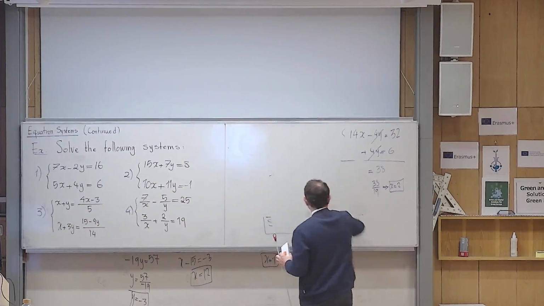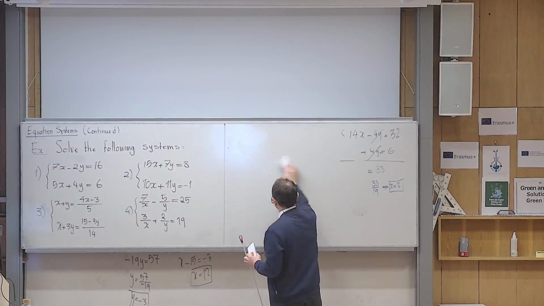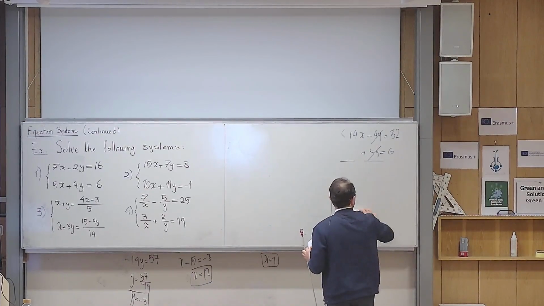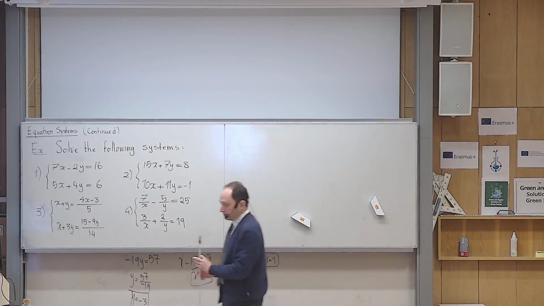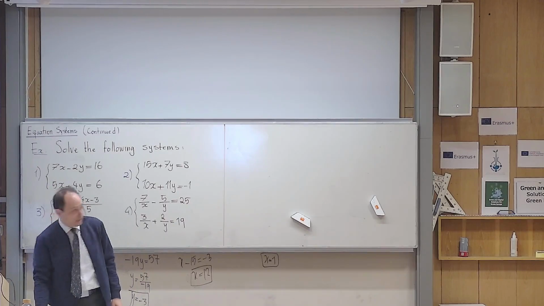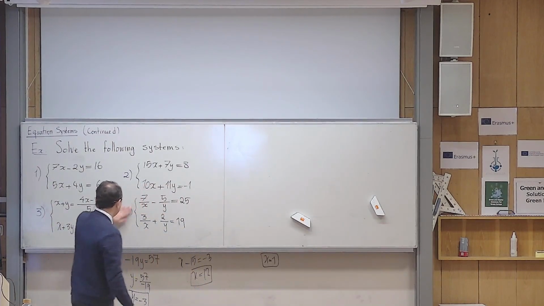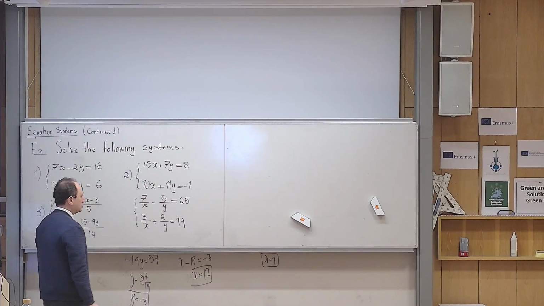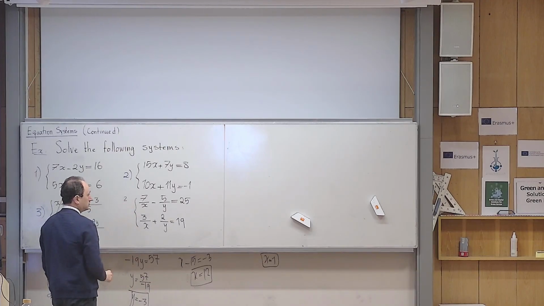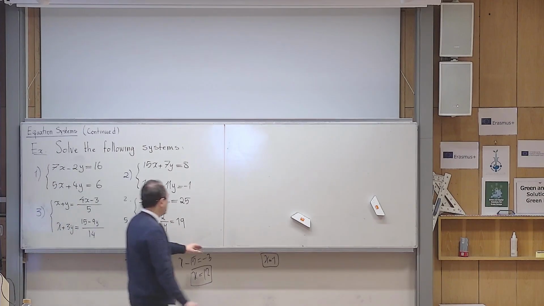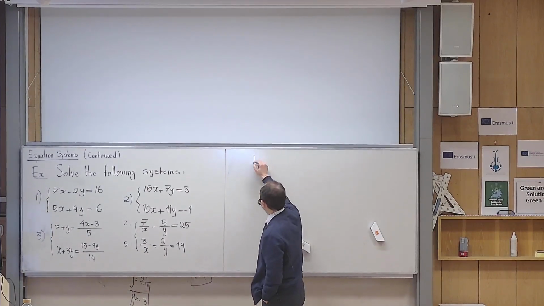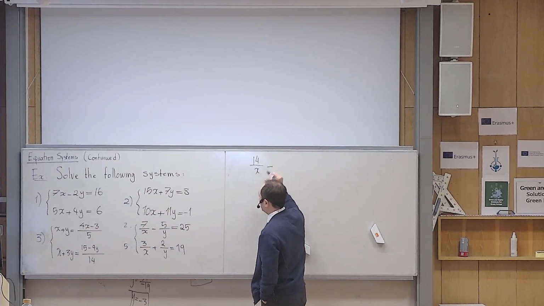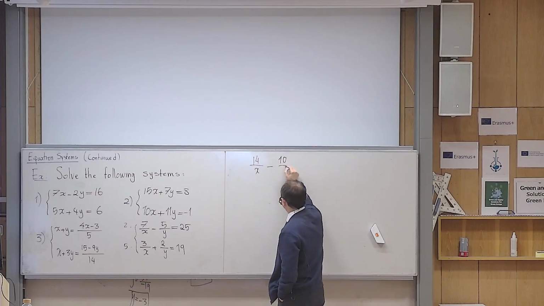But I want you to see that this is an A-level question, because you do not have these kinds of systems where the unknowns are in the denominator. So here, what you said, if you don't mind, let me start doing it here. You said that you want to multiply this by 2 and this by 5. So let us do that. If I multiply by 2 here, what is the answer? 14 over x minus 10 over y.